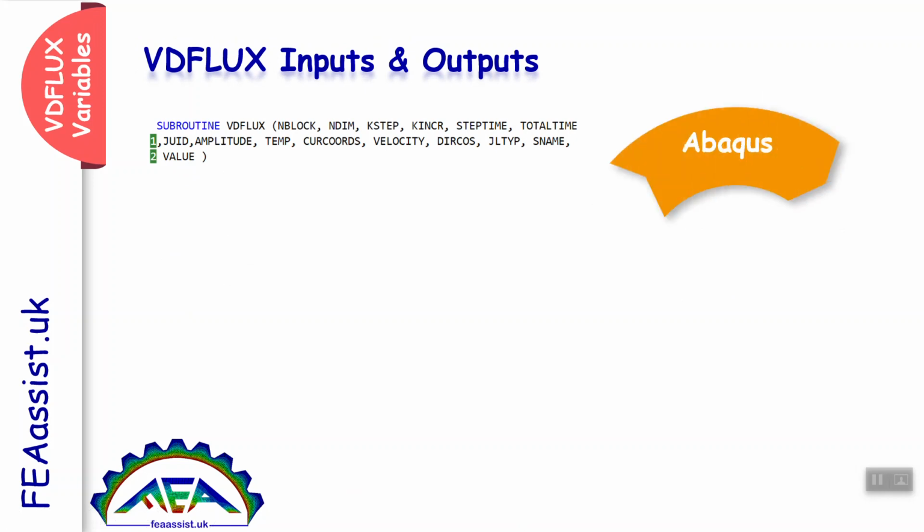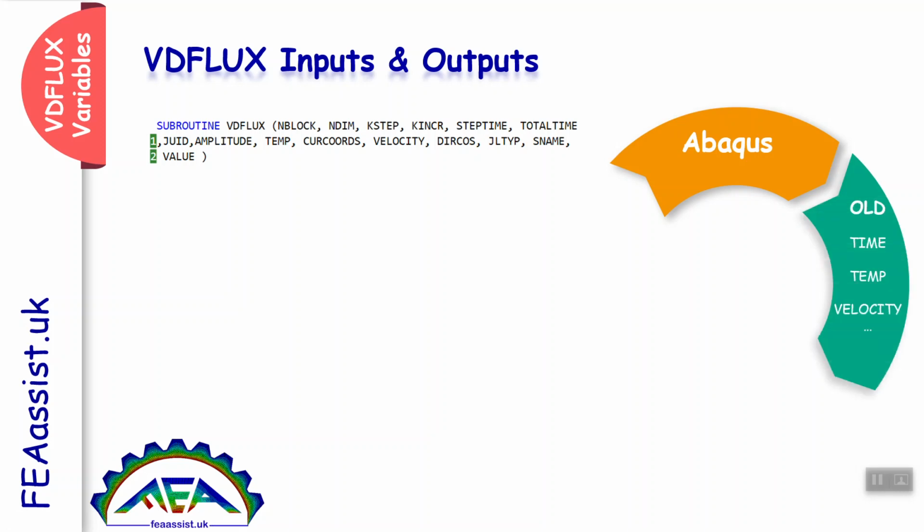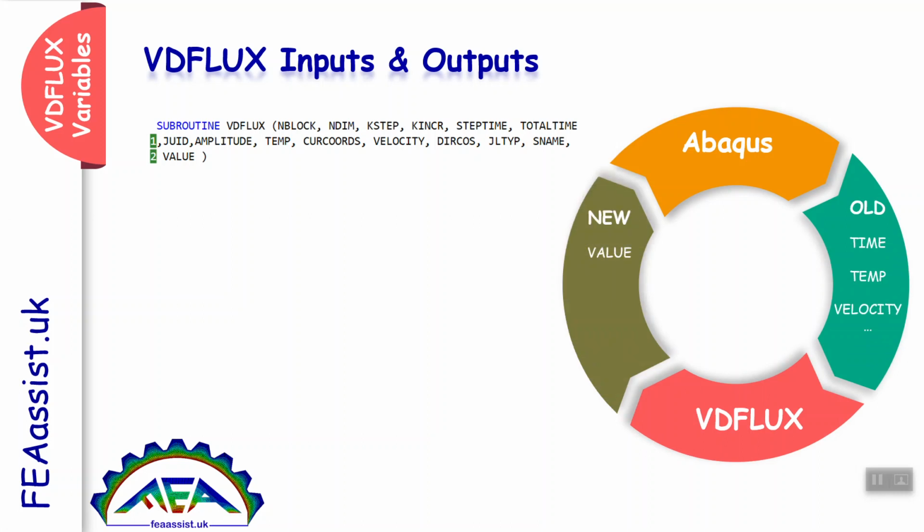In other words, Abaqus computes some variables like temperature, velocity, and time, and these time, temperature, velocity variables are transferred from Abaqus to VDFLUX. In VDFLUX, we need to get these variables and recompute the value, which is the flux. So the value or flux is transferred to Abaqus.